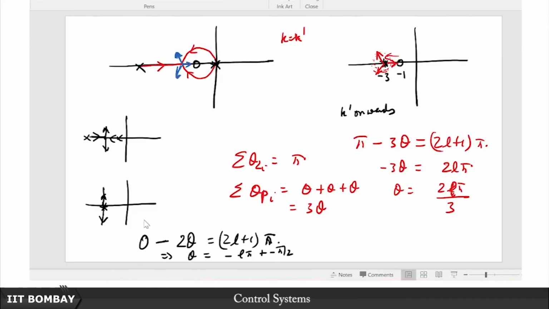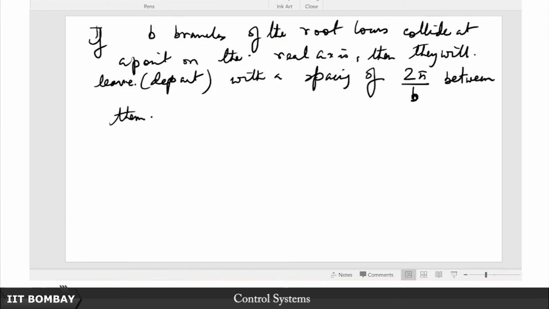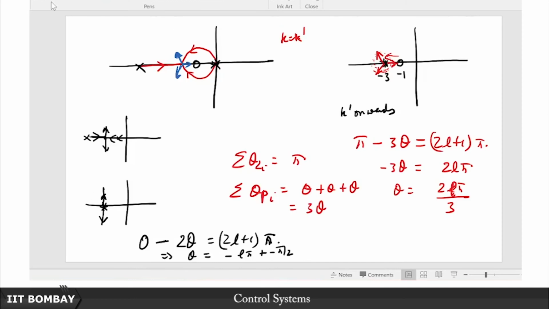And now in case of these 2 roots, can they really leave at any other angle? If for instance they try to leave along this angle, then the other fellow must leave at this angle, but then that will violate the symmetry condition. So the only way they can follow the symmetry condition and also be spaced at 2 pi by 2, which is pi, is this. So this angle is pi, isn't it?